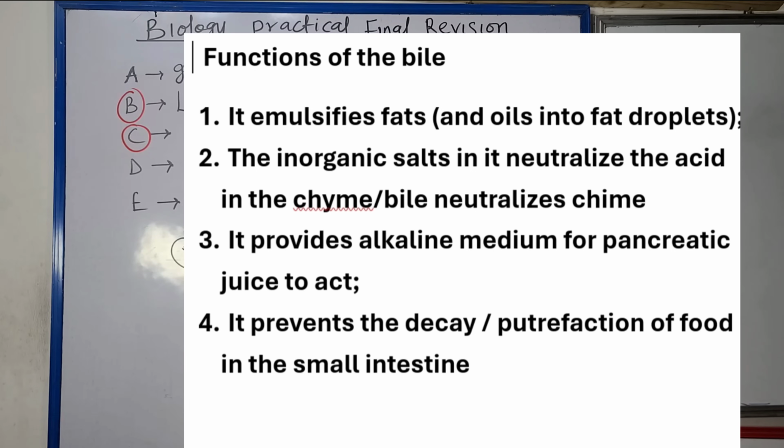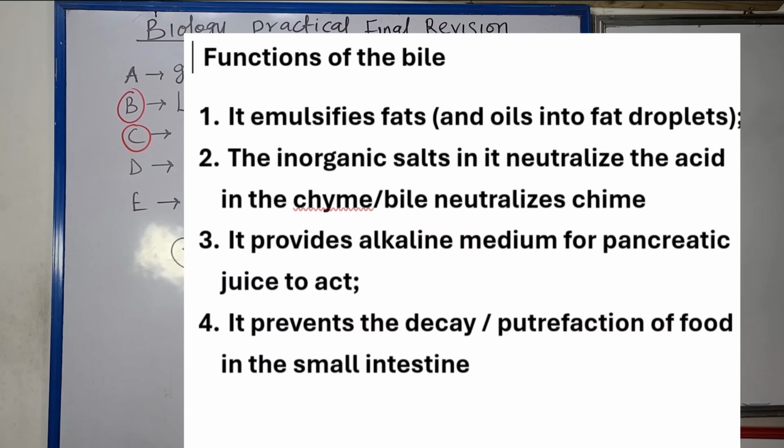Remember that the gastric juice contains pepsin, dilute HCl, and water. So one of the things that the bile does is that it neutralizes the effect of the acid chyme coming from the stomach. That's the acid in the chyme being neutralized by the bile pigment.